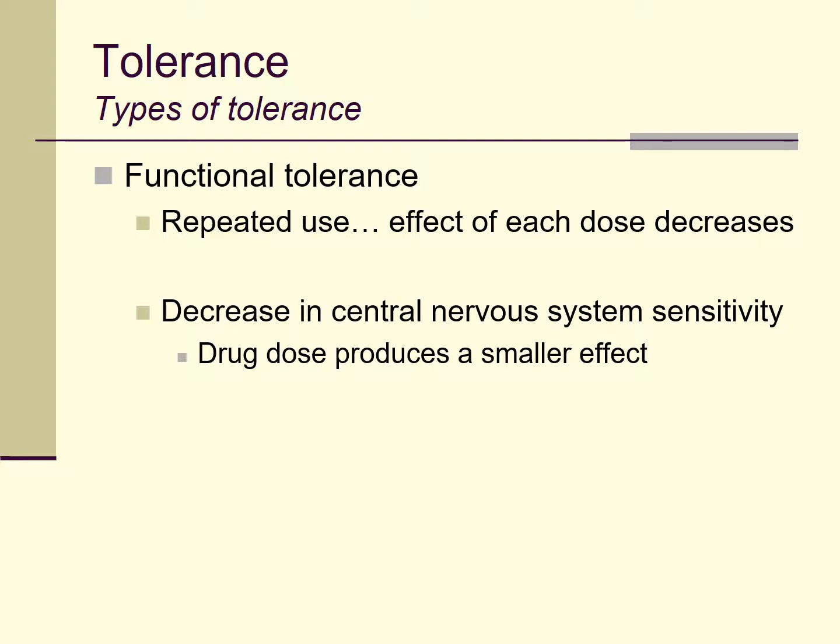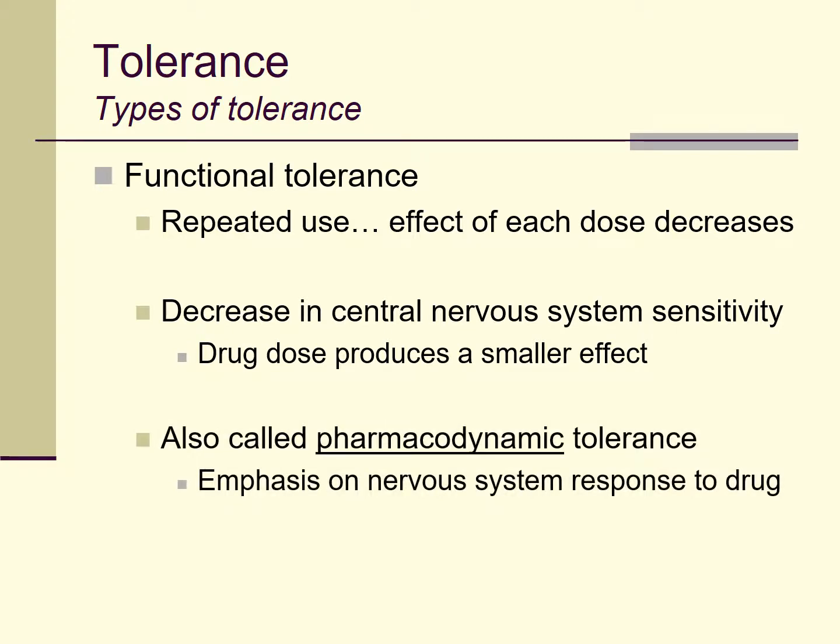Functional tolerance refers to the idea that even once the drug does come into contact with the nervous system, especially the central nervous system, because we're talking about psychopharmacology, the nervous system itself will get less sensitive to many of the drugs that we're interested in. And so any given dose, any fixed level of the drug, will tend to have a smaller and smaller effect over time.